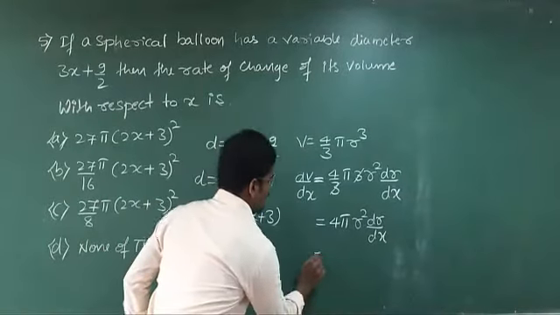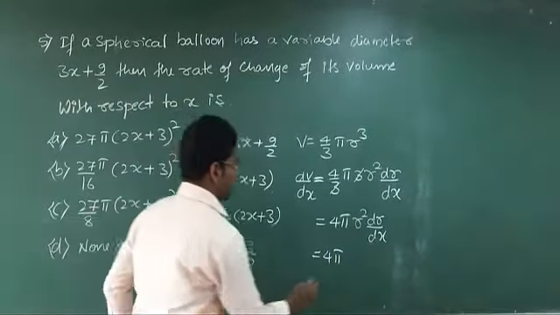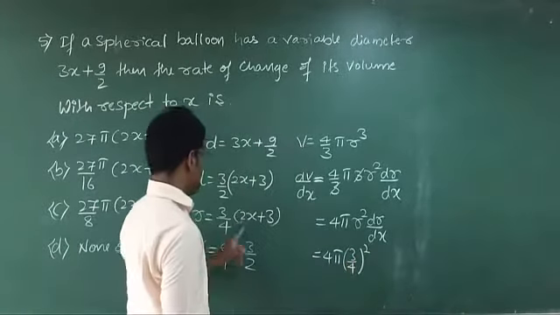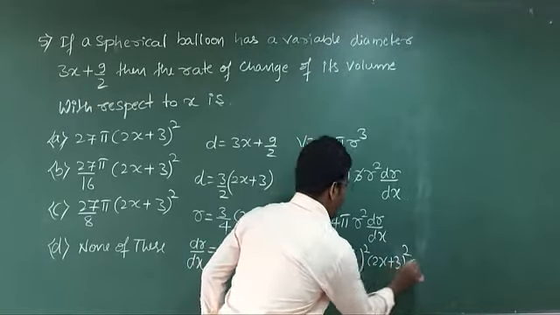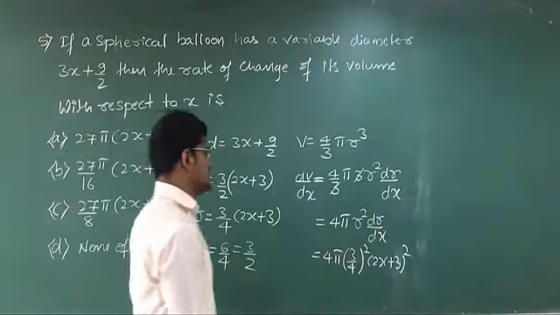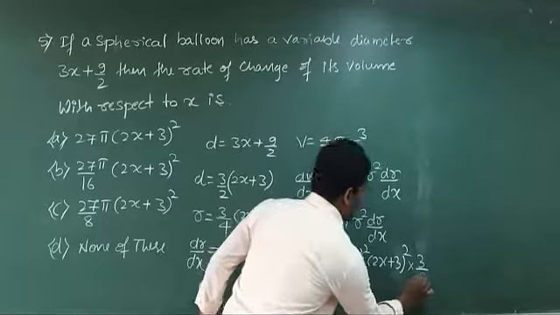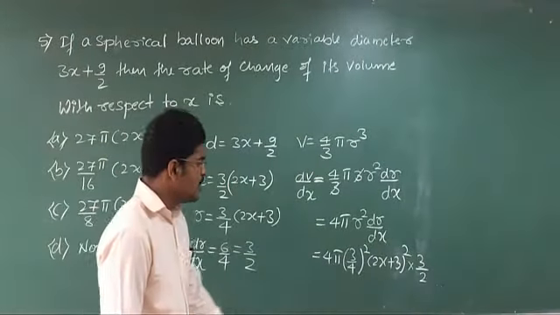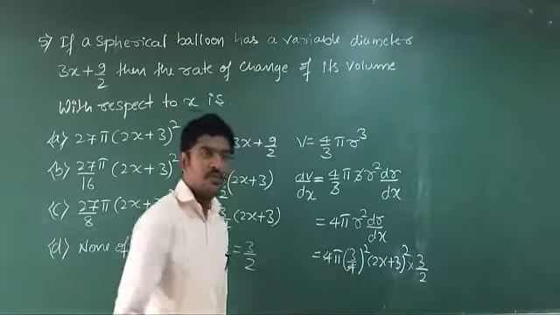So now you use these terms in dV by dx. It will be equal to 4 pi, r value is 3 by 4 times 2x plus 3, whole square, that is r squared. dr by dx is 3 by 2. So now you remove one of the 4 and another 4.